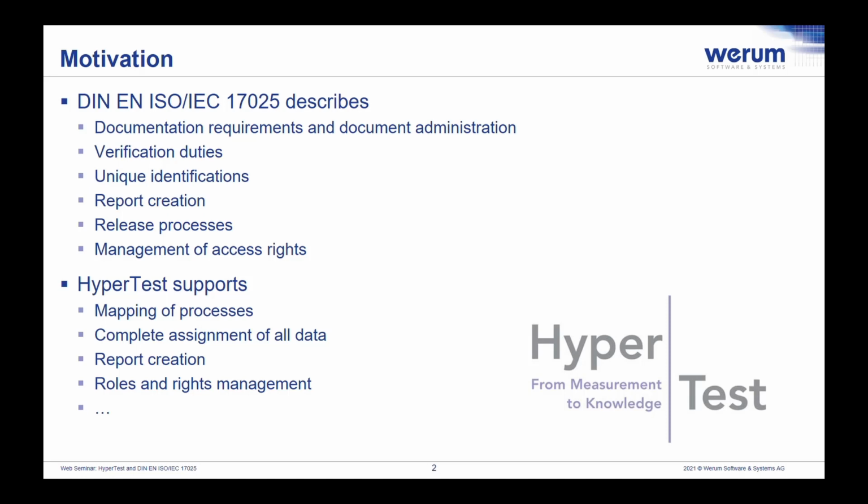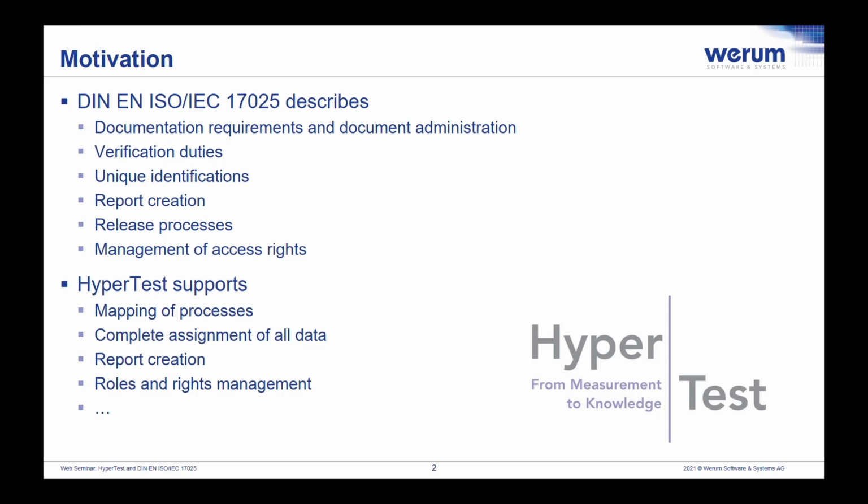The question this context often gives rise to is how far HyperTest can support the ISO 17025 standard. HyperTest is capable of mapping all processes around testing and hence can also support the processes of DIN EN ISO IEC 17025.